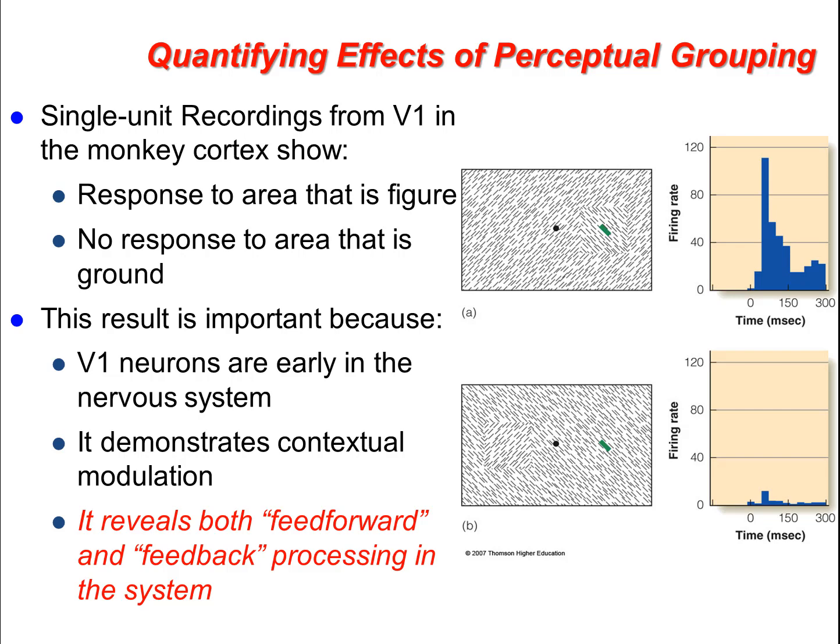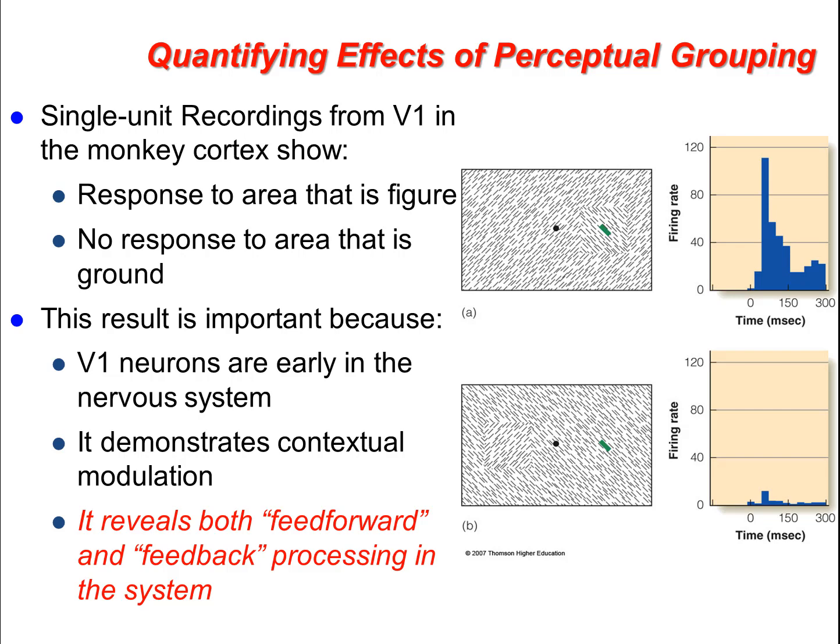We know we can do it. What's going on in the brain? Well, evidence from single unit recordings from the primary visual cortex in the monkey have shown that response to an area that is a figure is often different from response to an area that is not perceived as a figure, that is instead perceived as background.